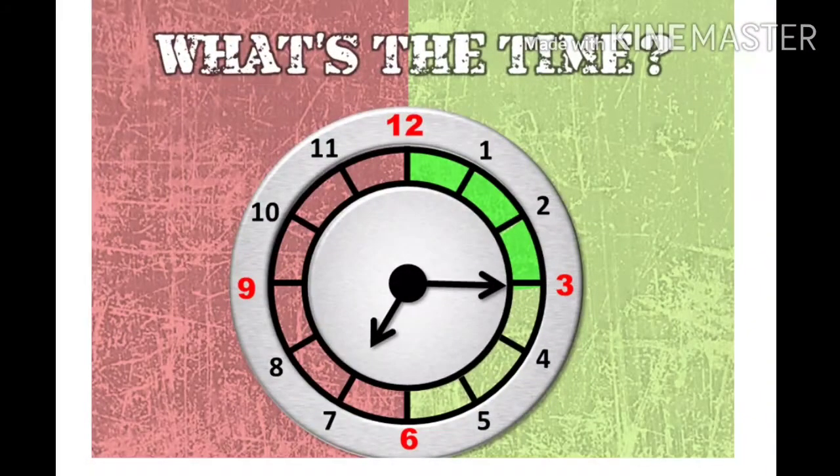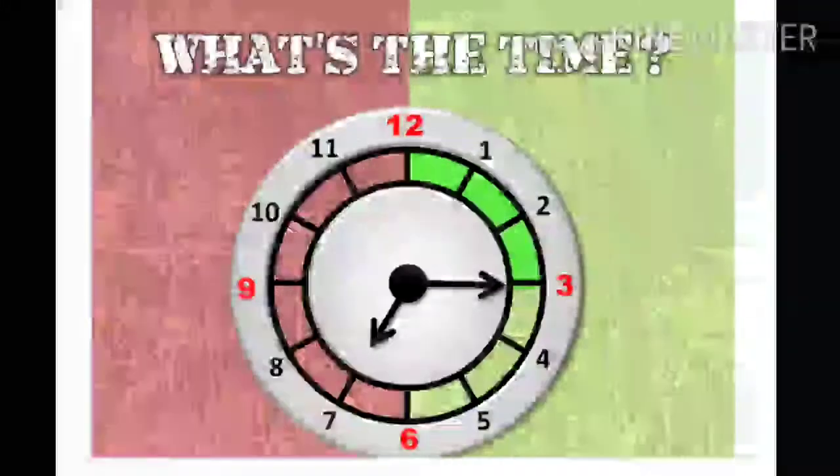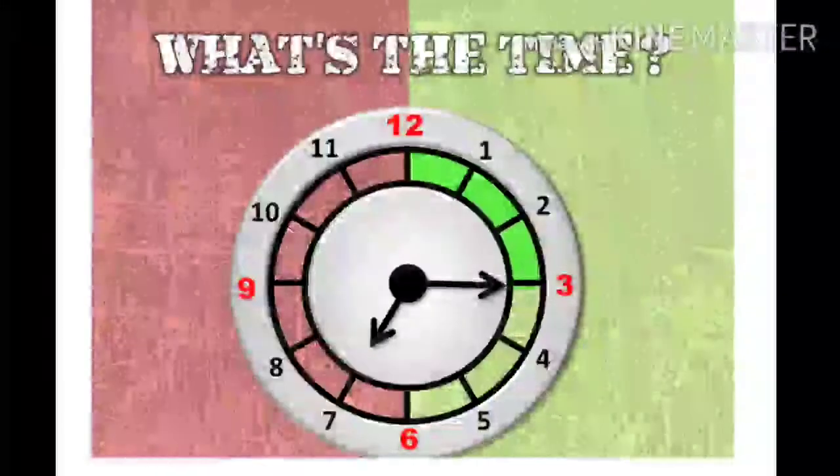And for this one, the long hand is still in the right. Jadi jarum panjangnya masih ke arah sebelah kanan. And then we can see there, it shows at 3. Dan jarum panjangnya mengarah di angka 3. Okay, so this is what we call quarter, ya, seperempat.